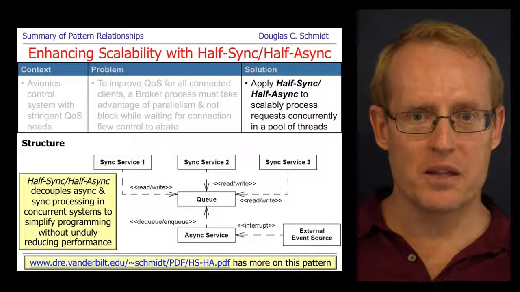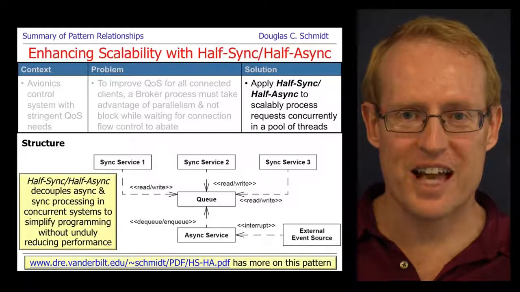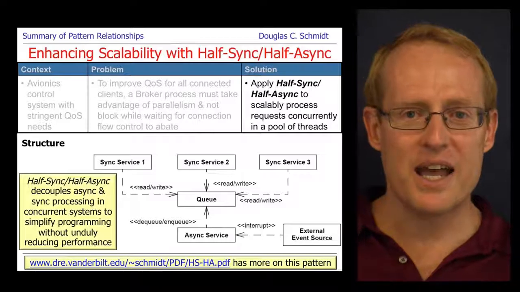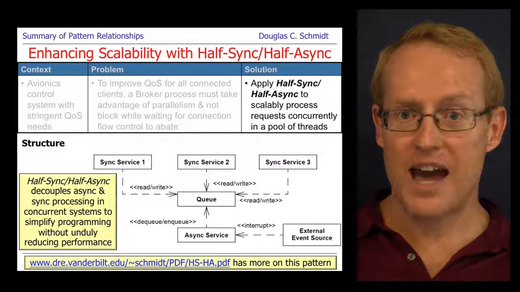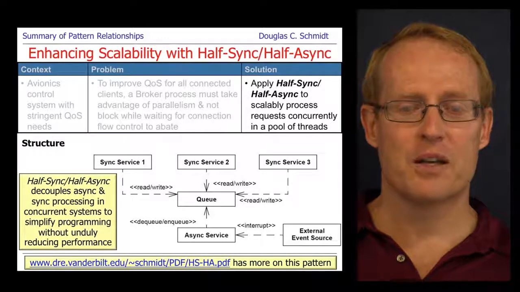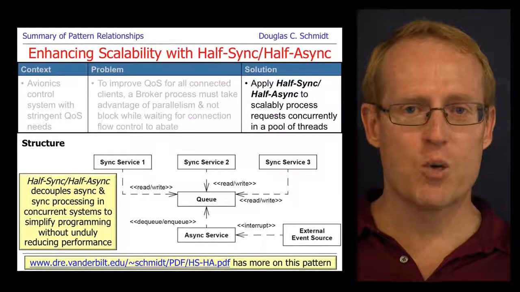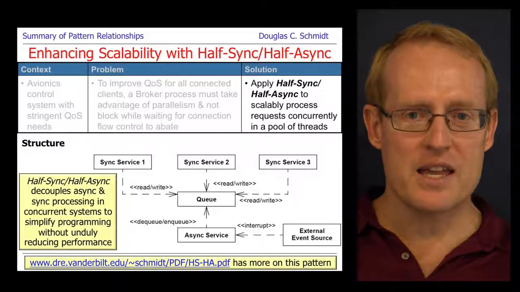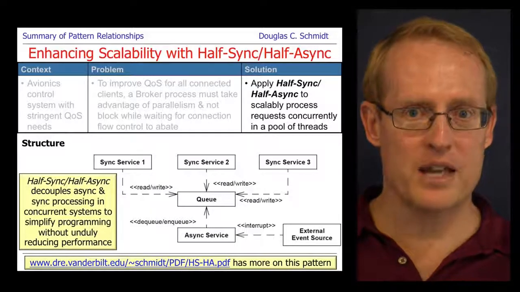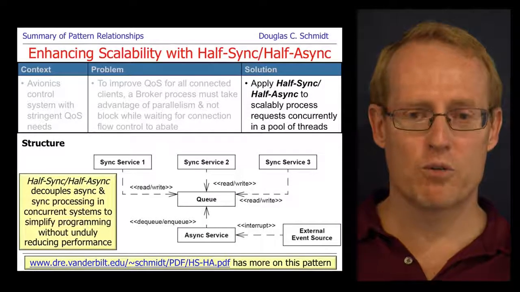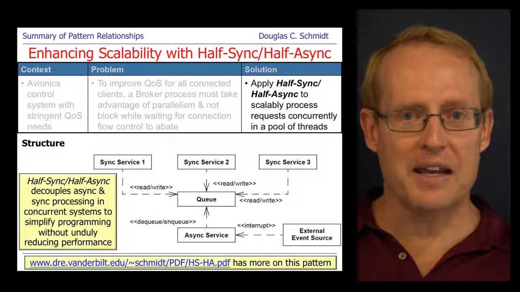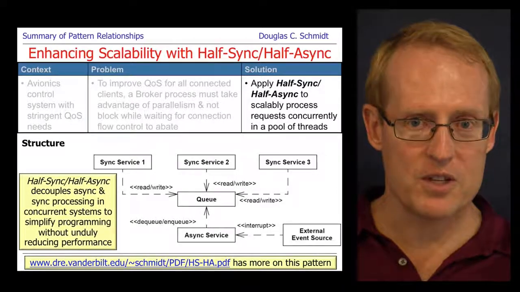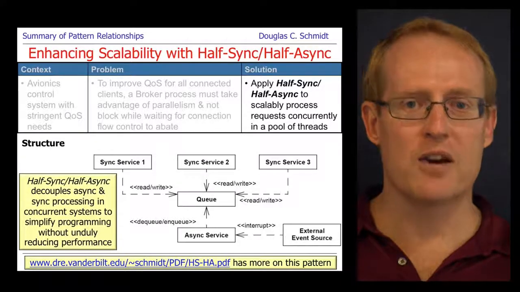Well, instead of using the reactor by itself and having coarse-grained concurrency control for the whole architecture, we could apply the half-sync, half-async pattern to scalably process requests concurrently in different threads of control. The half-sync, half-async pattern is another POSA 2 pattern, which you can read about at this link, and it splits up the architecture of some part of the software into multiple layers.